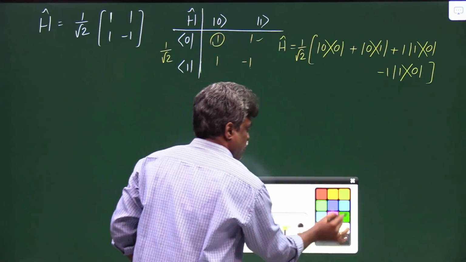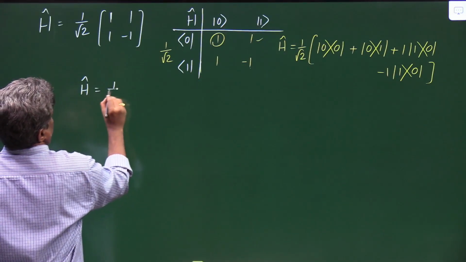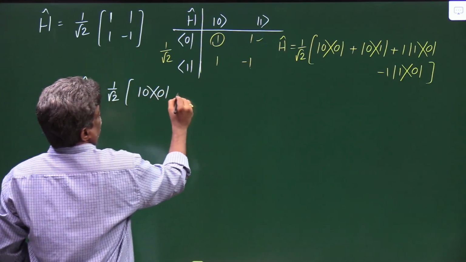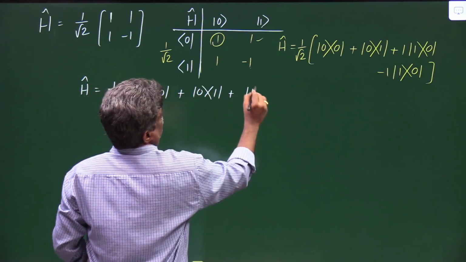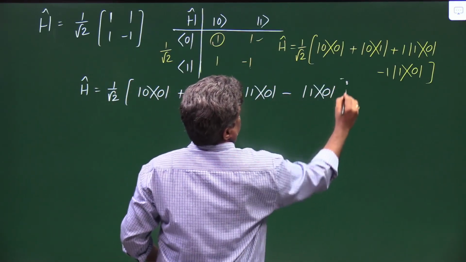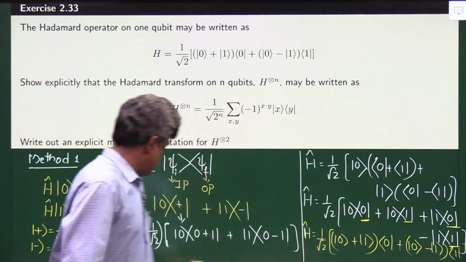So finally we got the same expression as earlier, H is equal to 1 over root 2 times the outer products |0><0| plus |0><1| plus |1><0| minus |1><1|. If you check this, we got the same answer.